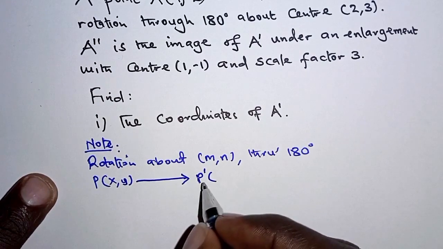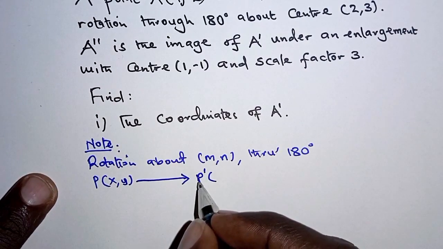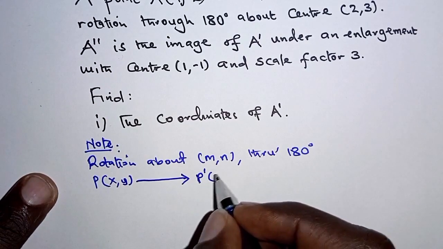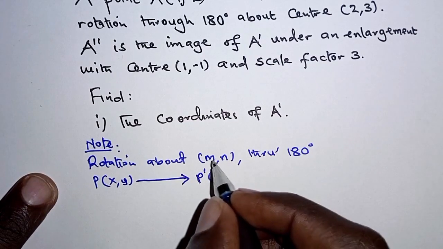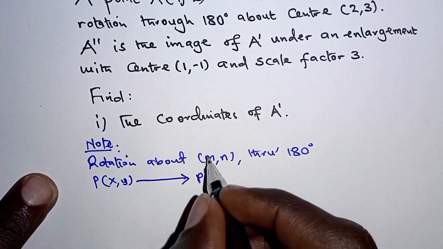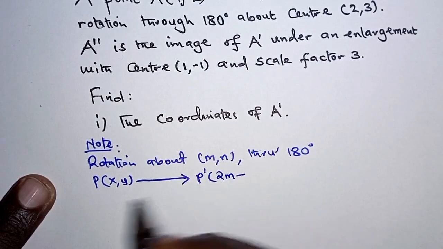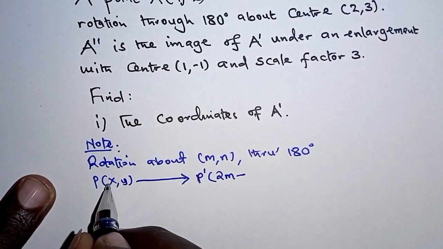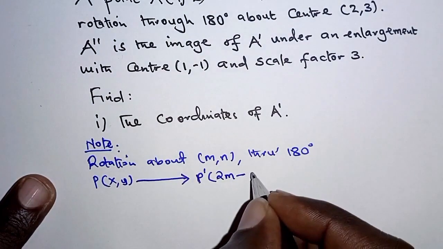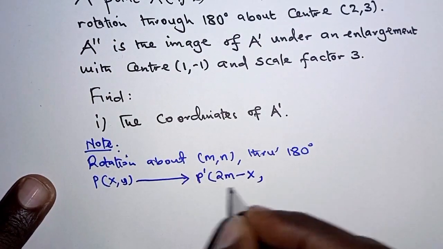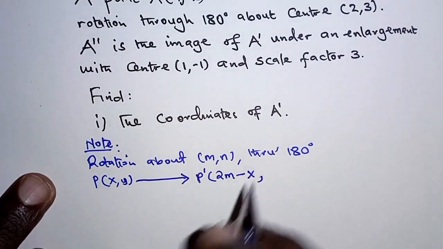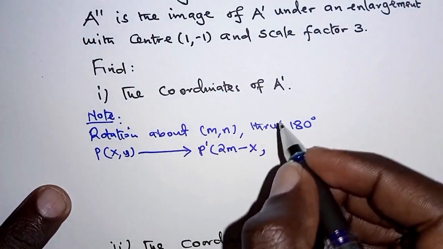So what is important here is how we determine the coordinates of the image. We take twice the X coordinate of the center of rotation, that is twice M, less the X coordinate of the point to be rotated, and that is X. This gives us the X coordinate of the image point.